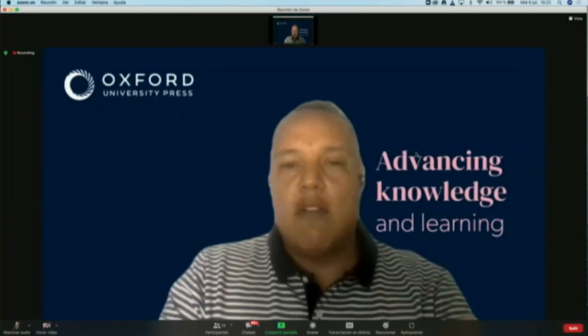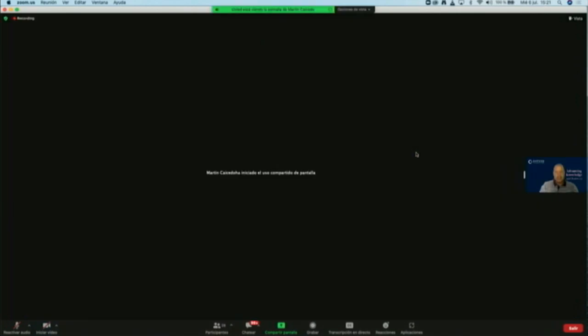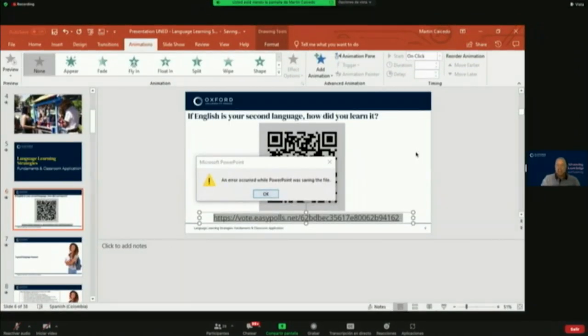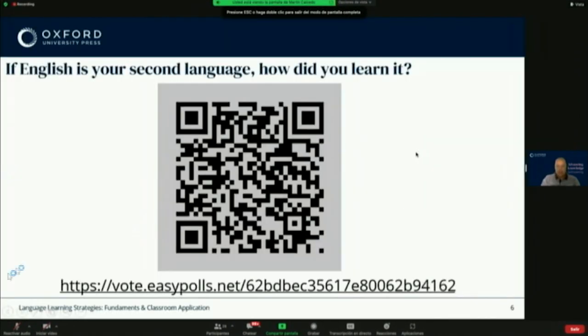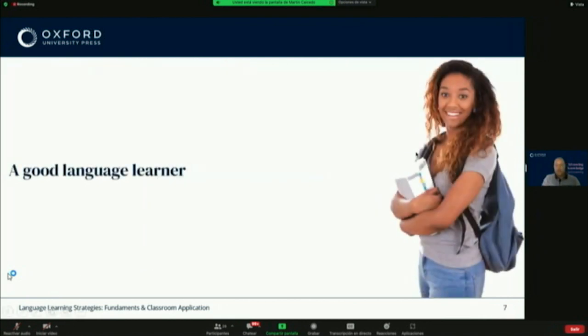So part of our conversation today is exactly that: sharing thoughts, sharing what we can do, and thinking about a good language learner. So think about that. We all, 60% of the people who answered, and I'm pretty sure that more did too, went through a simulated environment in which we learned English.